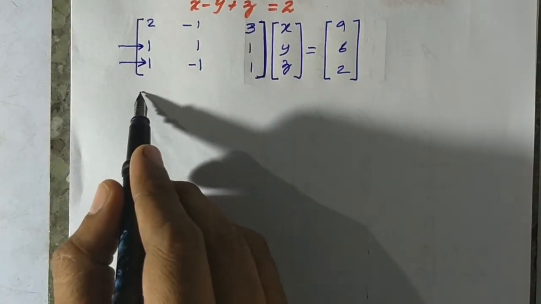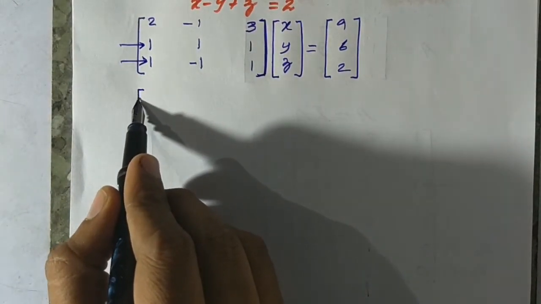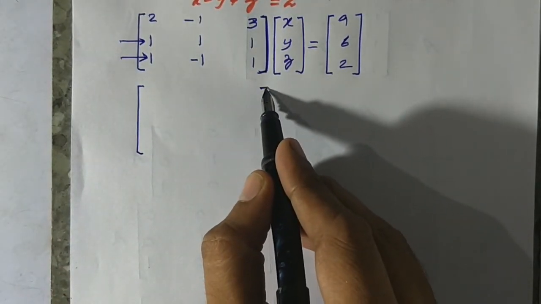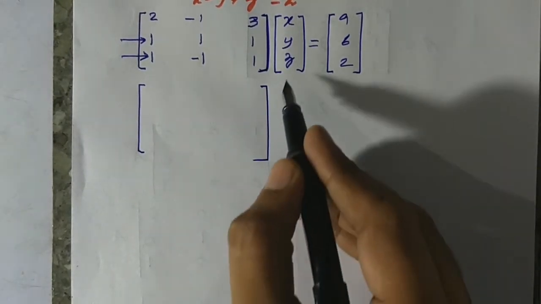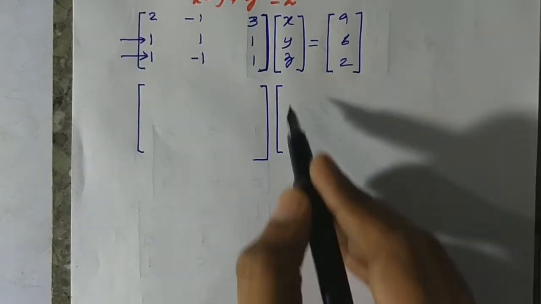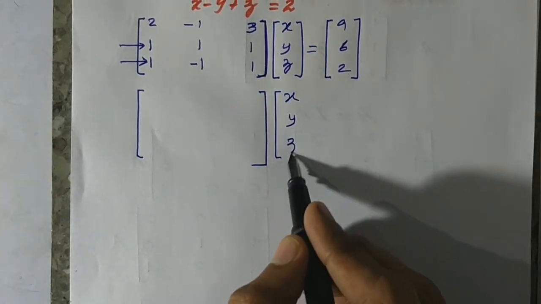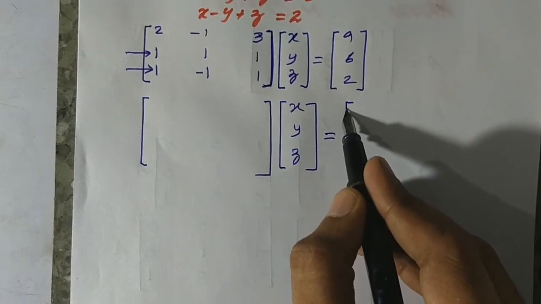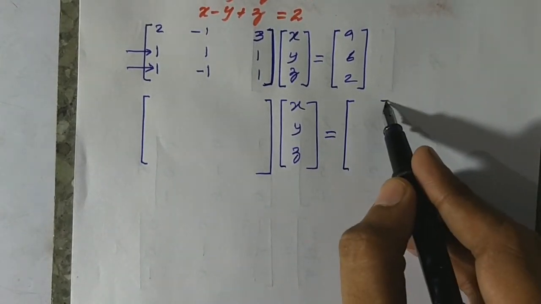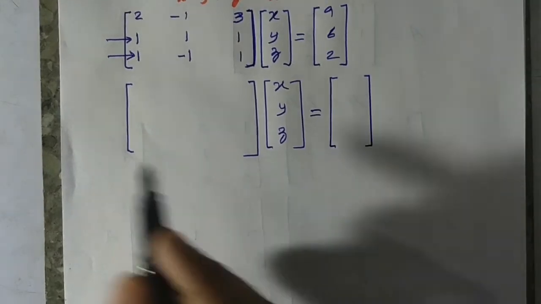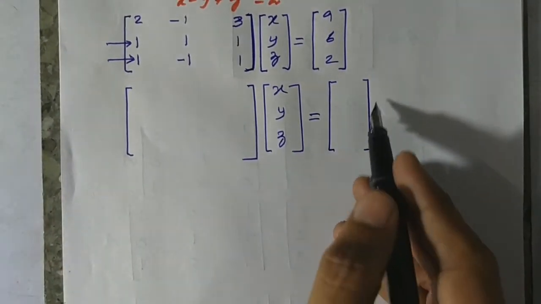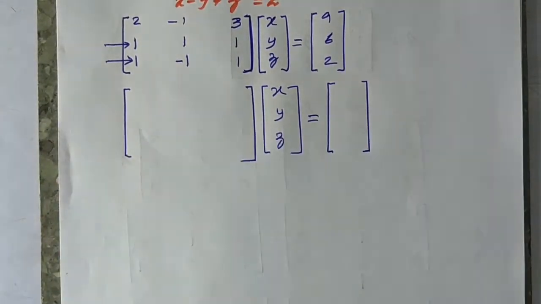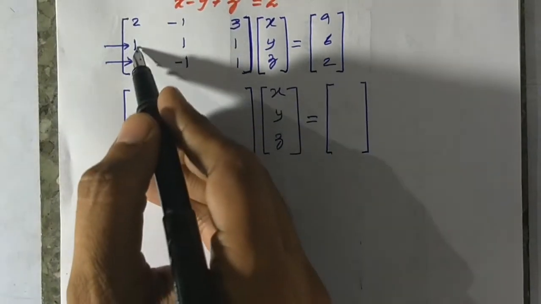The matrix of x, y, z stays as it is, no change, and on the right hand side the matrix should be blank because the same operation is applied on the right hand side matrix. Whatever we apply on this matrix, we apply there too. So we have to make these two elements 0.